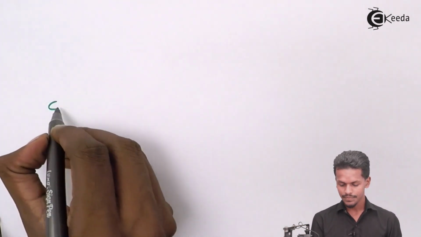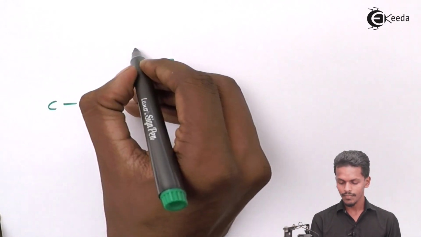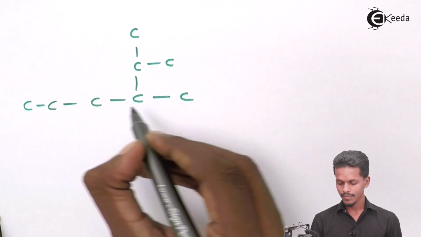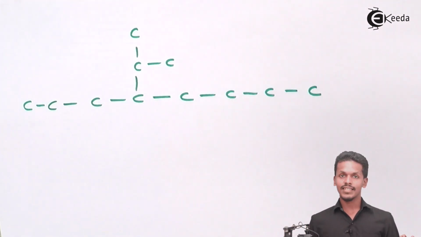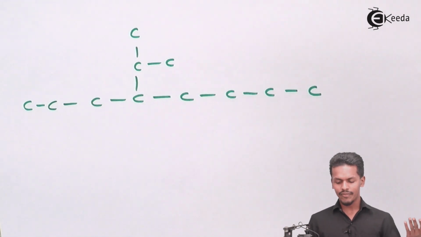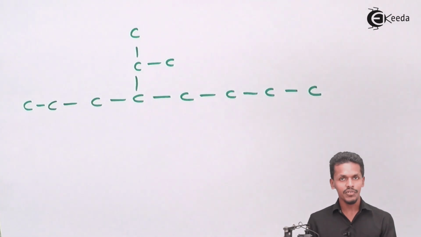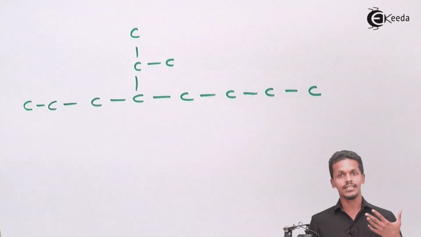Suppose we have an alkane like this one. For this, we have to choose a long continuous chain that has the most carbon atoms as well as branching.